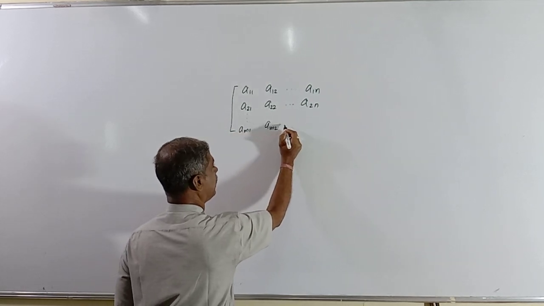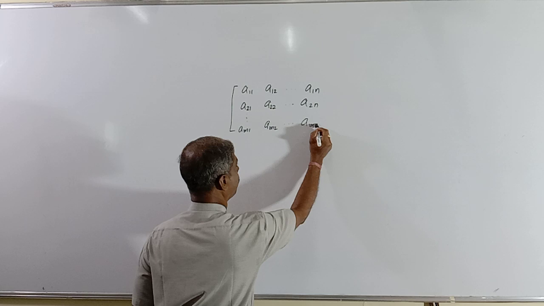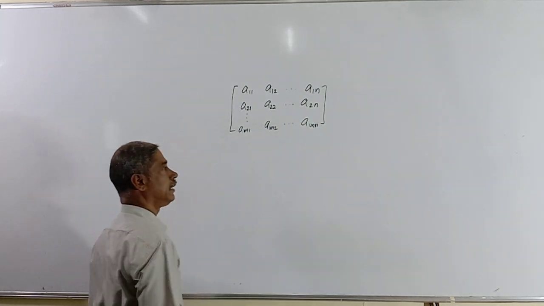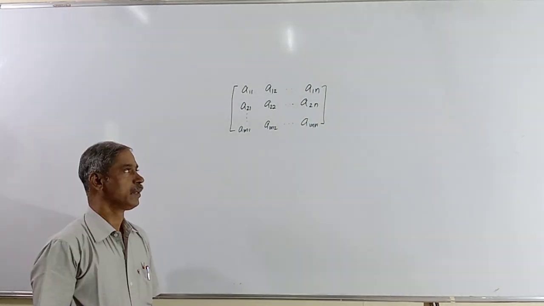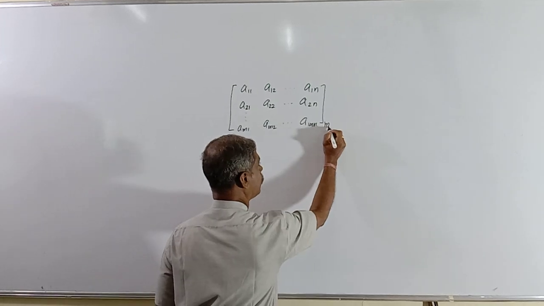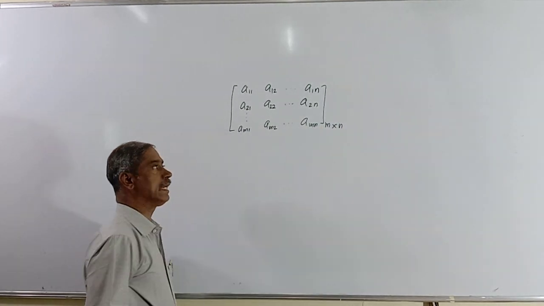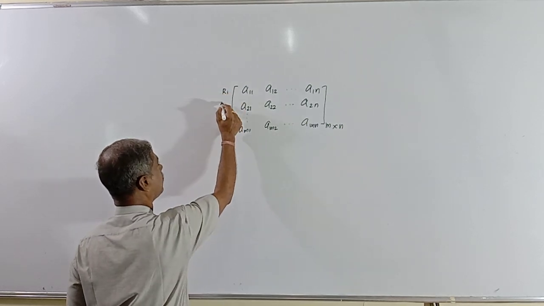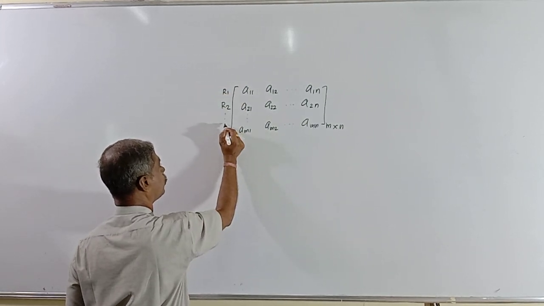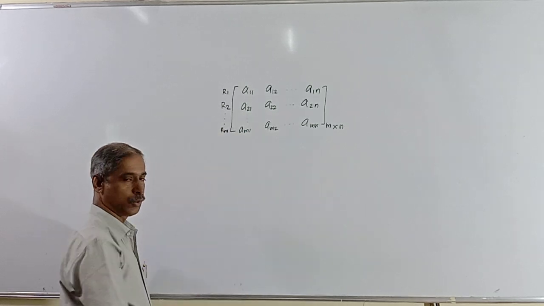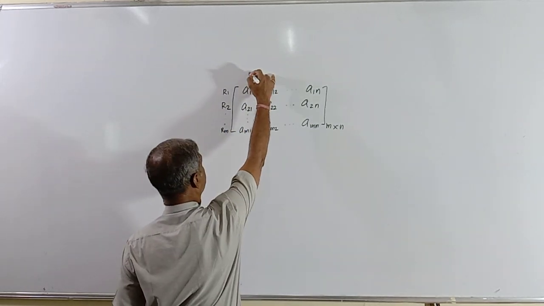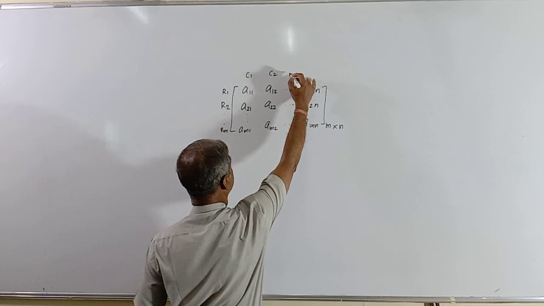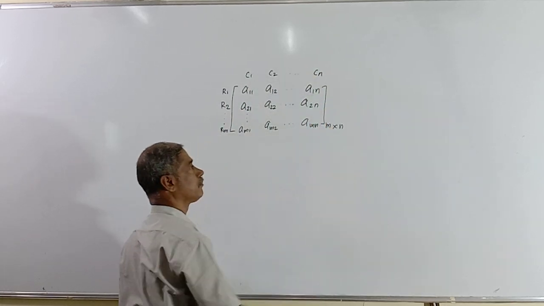The mth row entries are denoted by Am1, Am2, up to Amn, where there are m rows of entries and n columns of entries. The horizontal entries are called row 1, row 2, row 3 up to the mth row, and the vertical ones are called column 1, column 2 and up to the nth column.